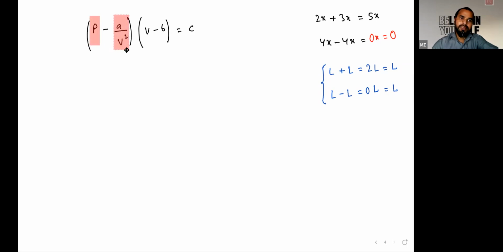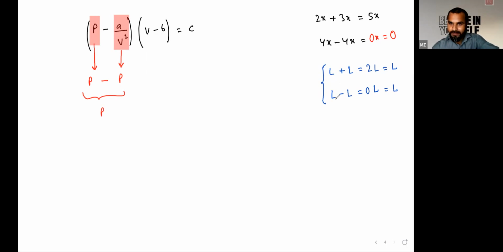These two parts represent the same quantity, pressure. So we can write this as P, and similarly we can write this term as P as well. With a negative sign between them, P minus P gives you 0 or anything else? It's P. Good.